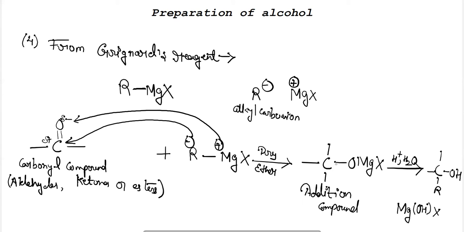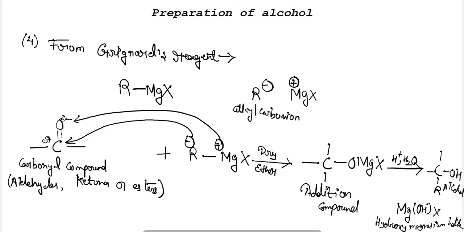So the H is attached to this O, and the MgX is attached to the OH from the water. It is forming hydroxy magnesium halide, and this is the alcohol which we require. So this is the mechanism for the preparation of alcohol using Grignard reagent.